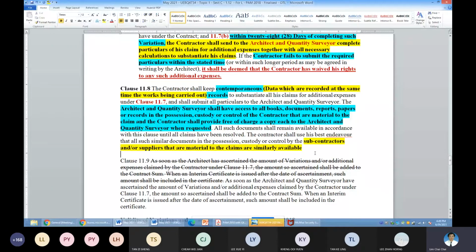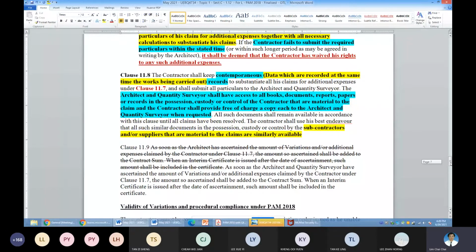11.9. So why 11.9 is important is on the payment to the main contractor. So once this is already evaluated here under clause 11.8, then the amount have to be reflected in the interim certificate.